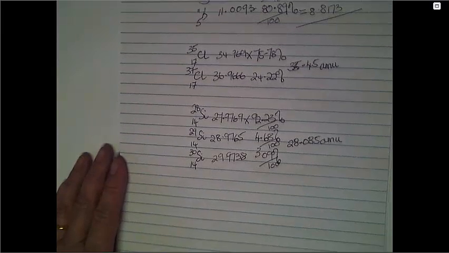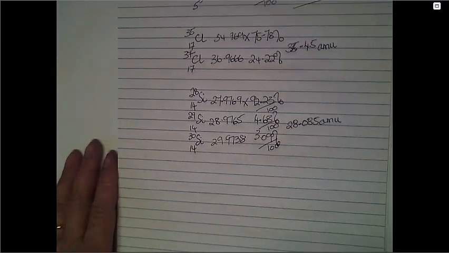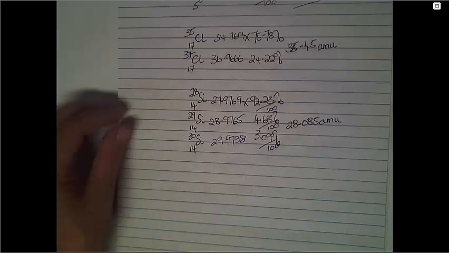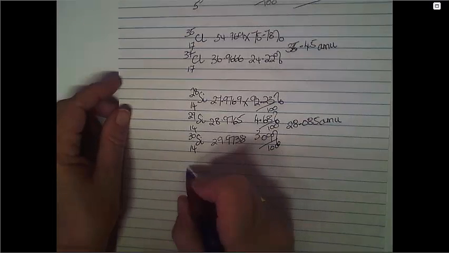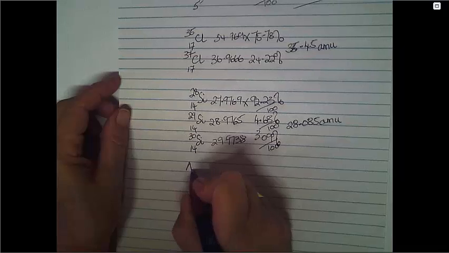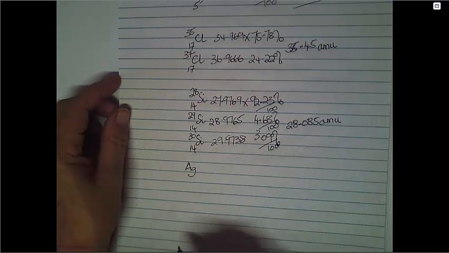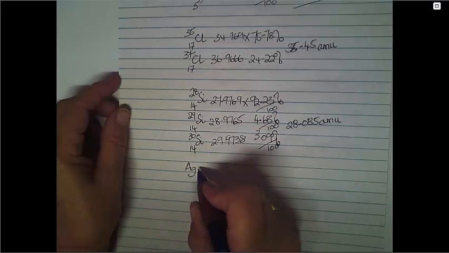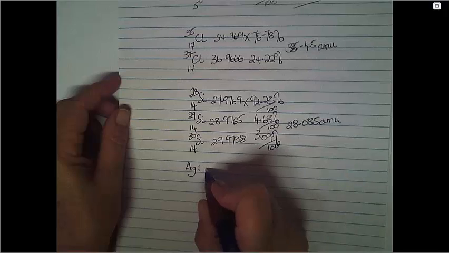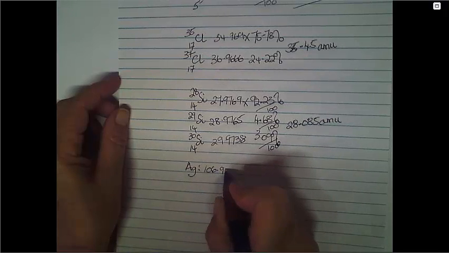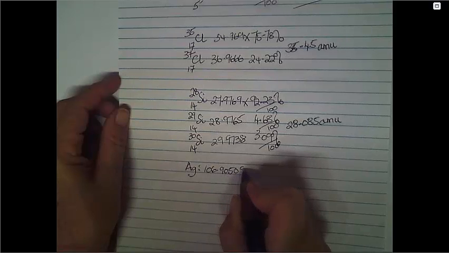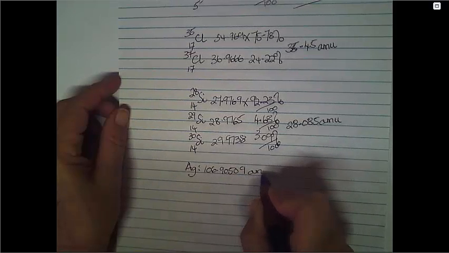Then there's just one other way that this sort of question may be asked. You may be given the mass of the different isotopes and asked to work back and give the percentage abundance of one of them. For instance, we look at silver. One of the isotopes has a mass of 106.90509 atomic mass units.